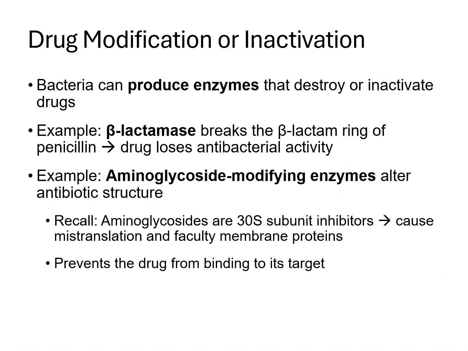One major mechanism of resistance is enzymatic destruction or alteration of the drug. For example, we saw earlier that beta-lactamases, these are enzymes that break up the beta-lactam ring in penicillin, and that inactivates the drug. Other bacteria can modify aminoglycosides.